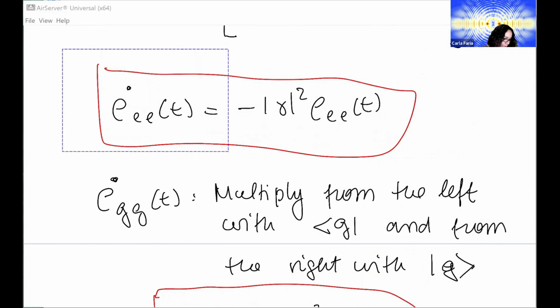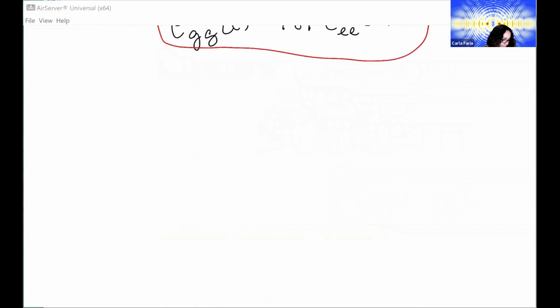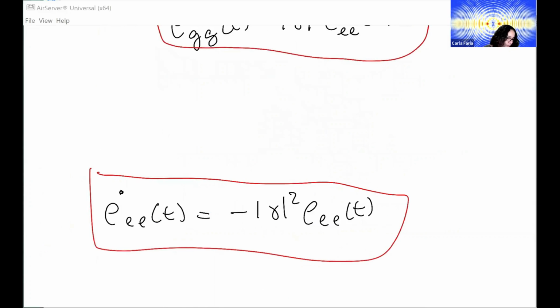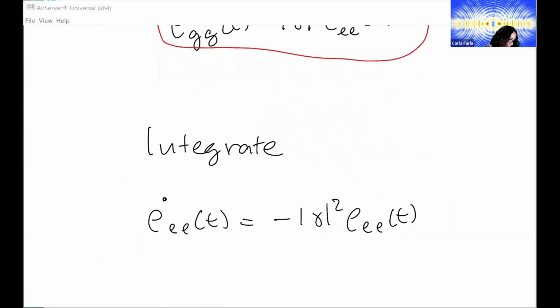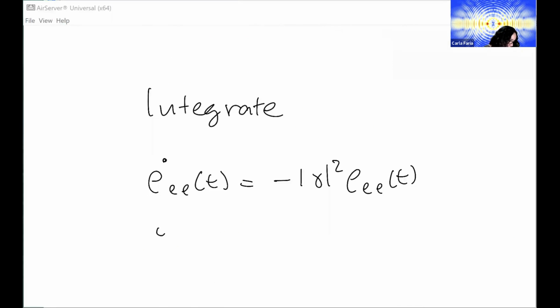So, copy, paste, and what I would like to do now is integrate this, and I also have the initial condition. My initial condition is rho_EE(0) is equal to 1 because we know the system is initially in the excited state.